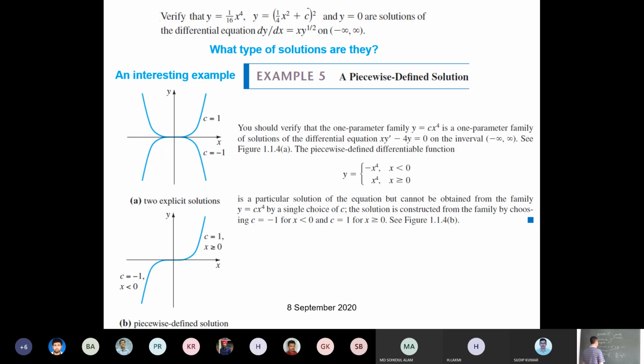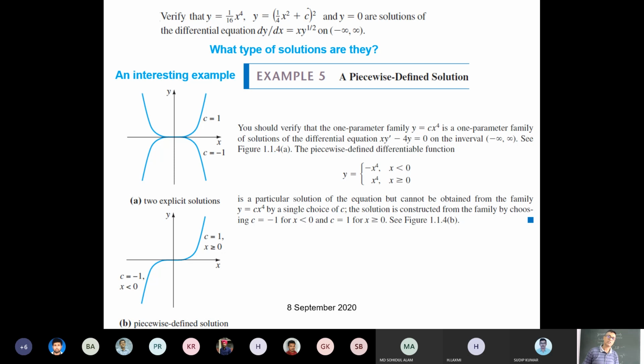Okay, and then we have seen that, along with this, these two also become solutions of the differential equation. And we had already discussed what kind of solution this is.